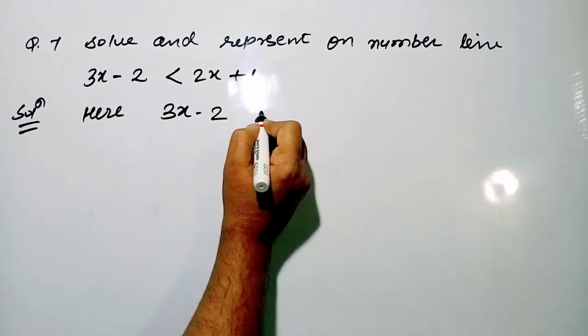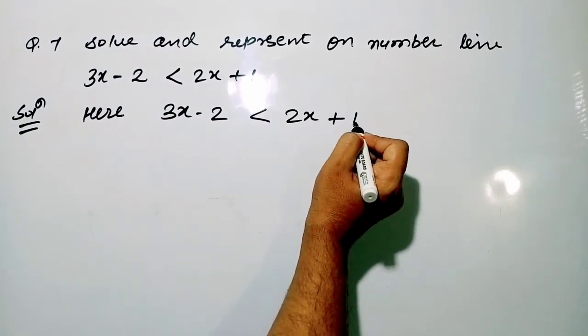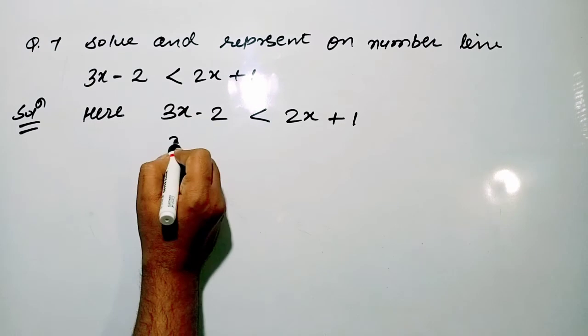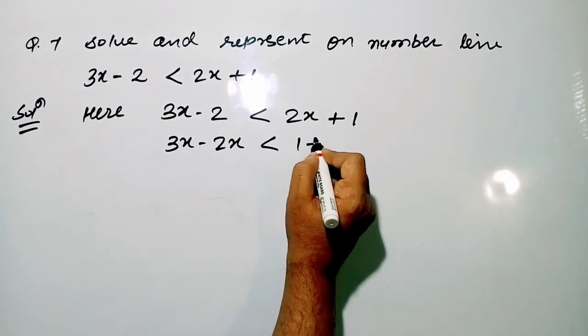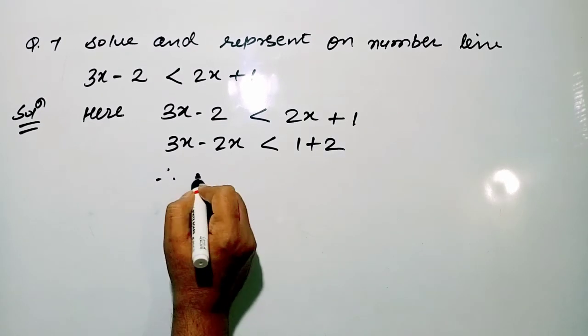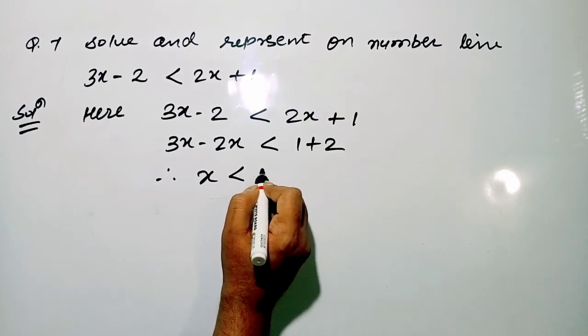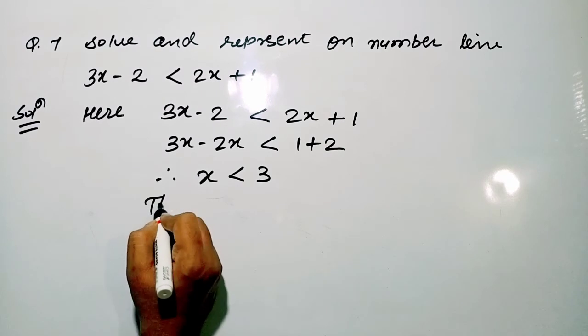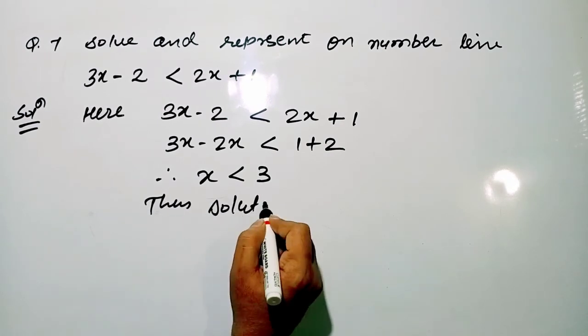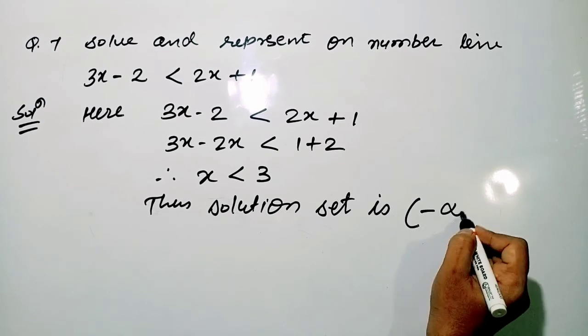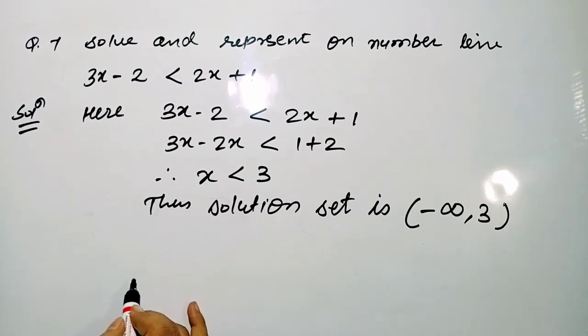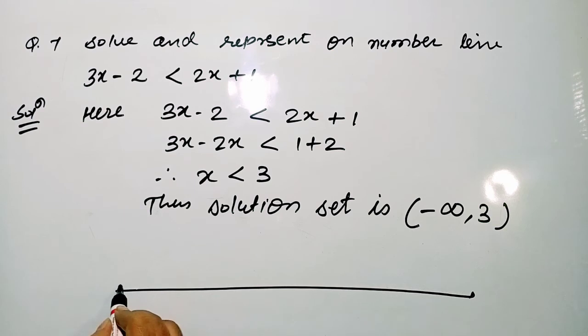So first of all, taking the like terms on one side, 3x - 2x < 1 + 2, so x < 3. So the solution set will be minus infinity to 3 in open interval. Here it is open interval, so we will not consider the value 3.